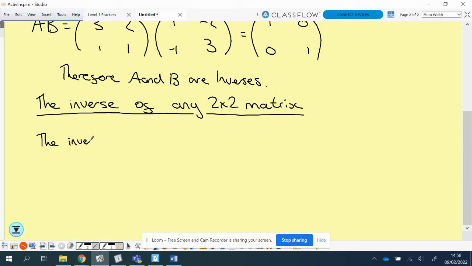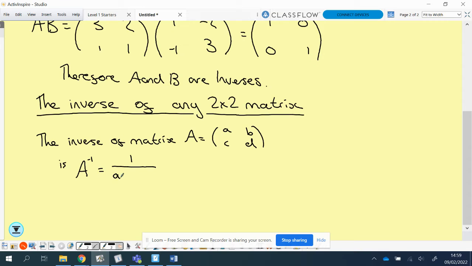The inverse of matrix A, again using our general case for A with entries A, B, C, D, is A to the minus 1, that's the inverse. And how we work it out is 1 over AD minus BC, multiplied into the matrix D, minus B, minus C, A.